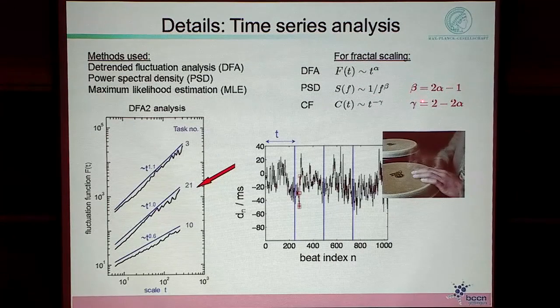So we can calculate the beta, and also we can calculate the exponent of the correlation function power law. So everything is determined by the alpha. In order not to confuse you too much, I will now present everything in terms of this exponent beta of the power spectral density. So that's what we call 1 over f beta noise.